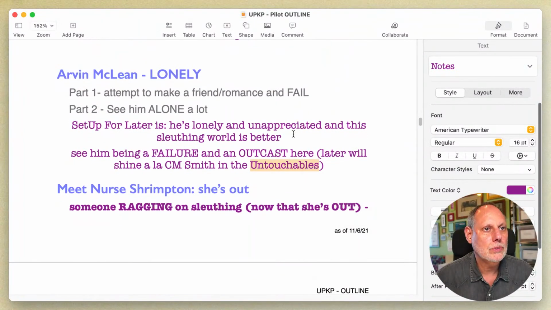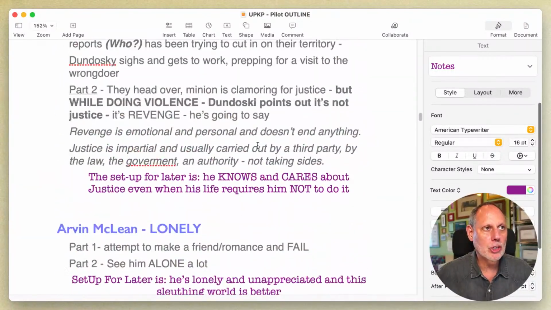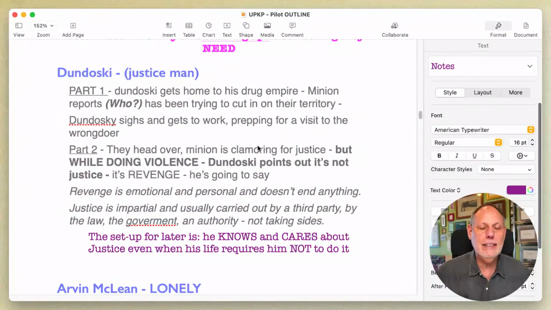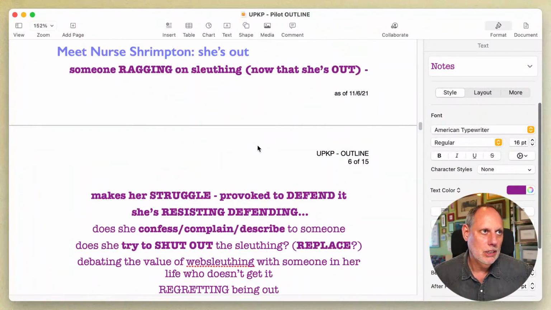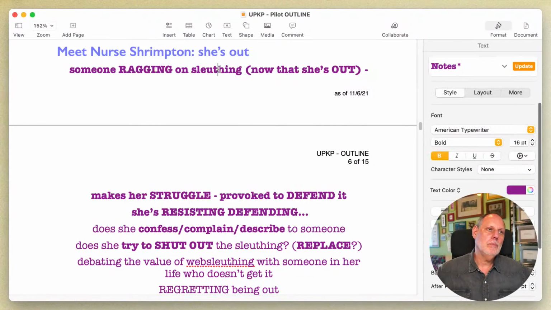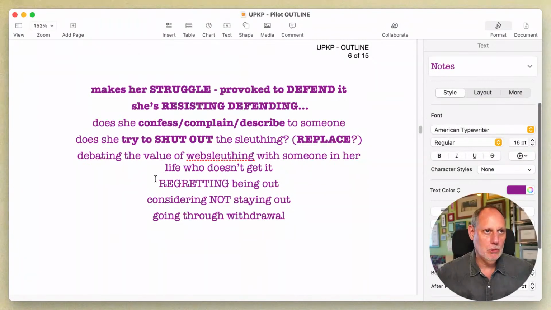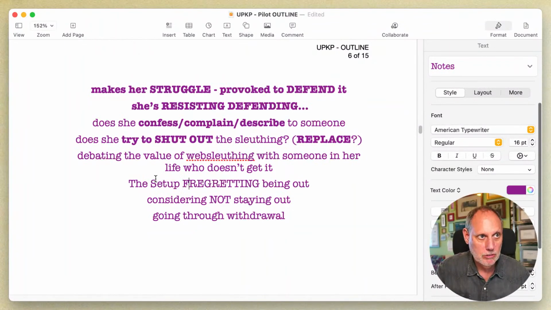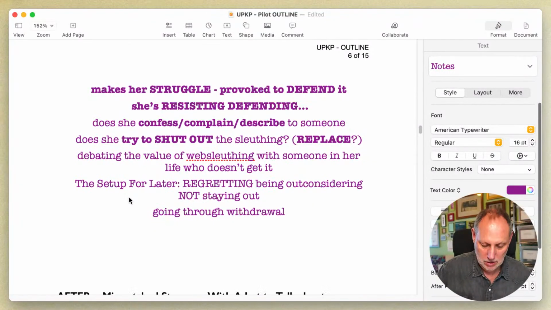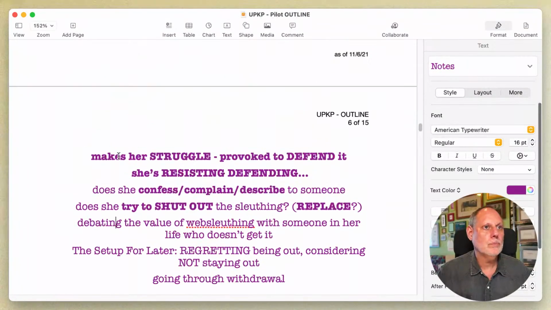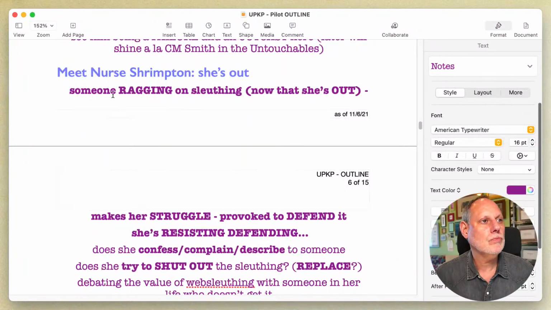Okay, so now we get to the third of the three sequences we're going to be intercutting. The point here is that she's regretting being set up for later. So, who is she?